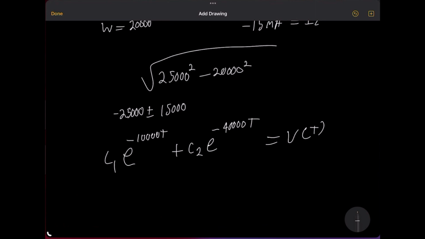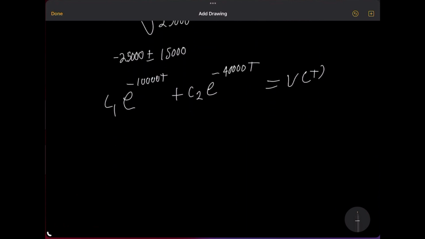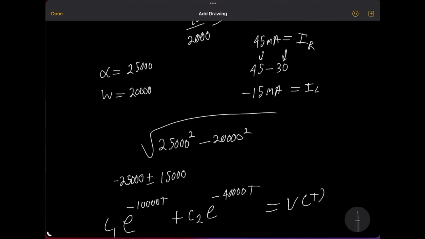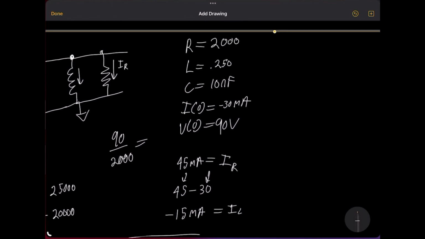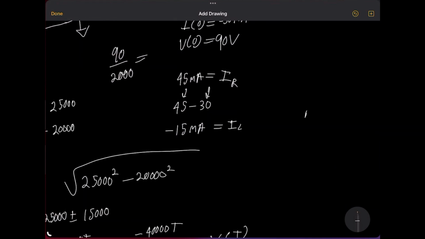Okay, so now we need to solve for our constants, and we know that when t is 0, c1 plus c2 will be equal to 90. We need to find dv dt, and I over c will be equal to dv dt.